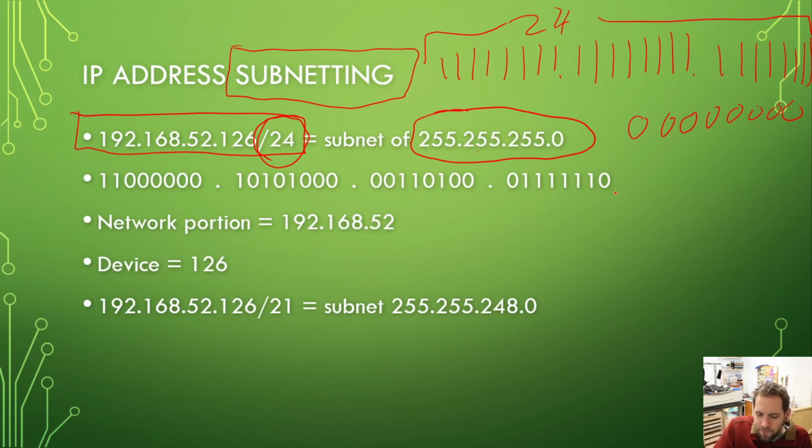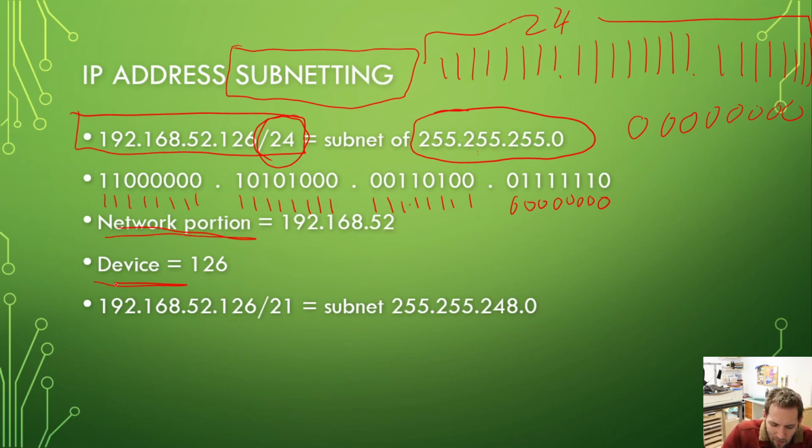Now, what this subnet mask does, if we put it right below our other network here, that tells us what is the network portion of it versus what is the device.